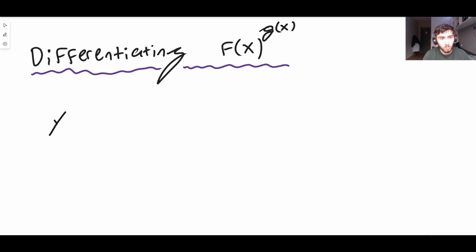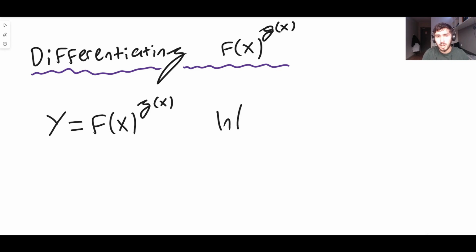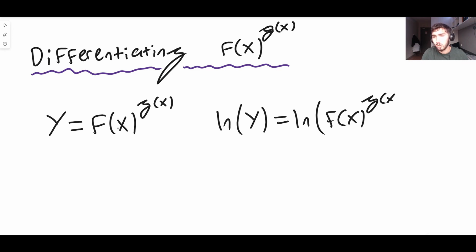So you say that y is equal to your f of x to the power of g of x, okay? You do the logarithms, right? Take logs on both sides, natural logs. The natural log of y, and we're going to need implicit differentiation in a second, is equal to the natural log of f of x to the power of g of x, right? We're just taking natural logs on both sides. The natural log of one side is equal to the natural log of the other side.